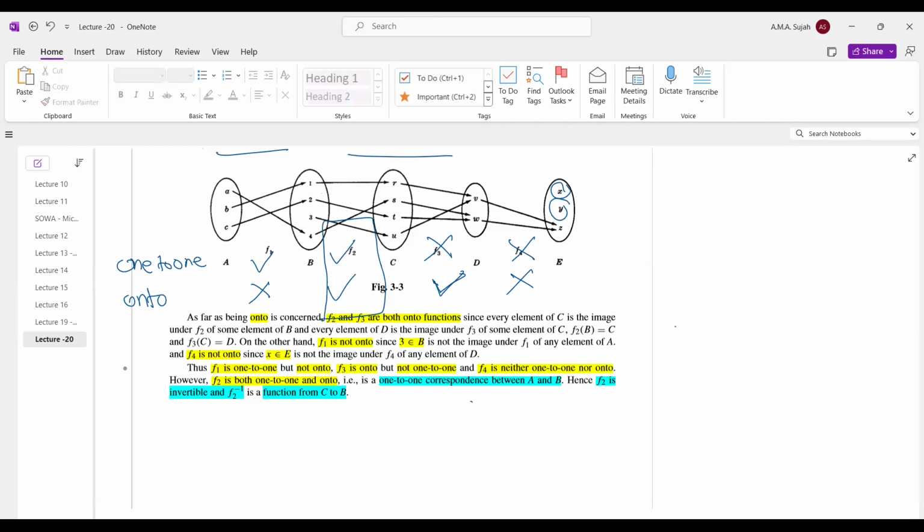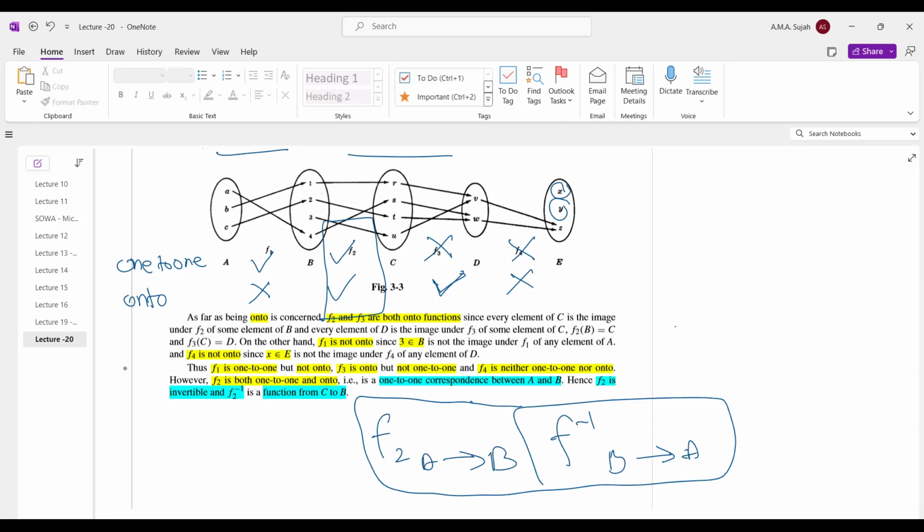If a function is one-to-one and onto, then only it has an inverse function. So only the function f2 from A to B has the inverse function f inverse from B to A, right? Other functions don't have any inverse function because they are not one-to-one and onto. These are the ways we will find out, right?